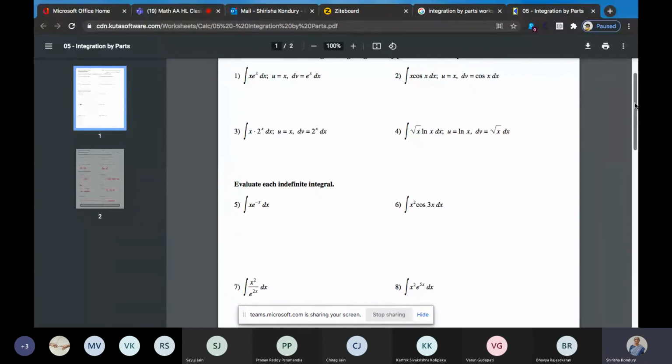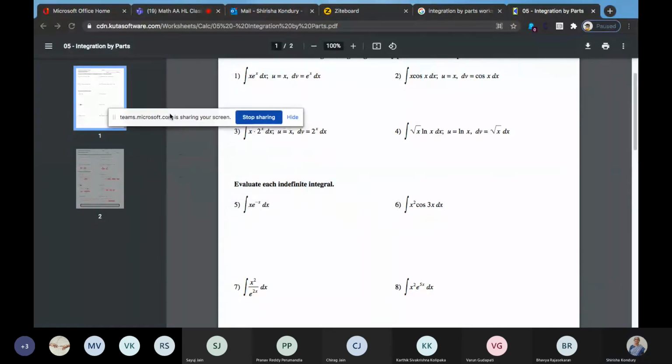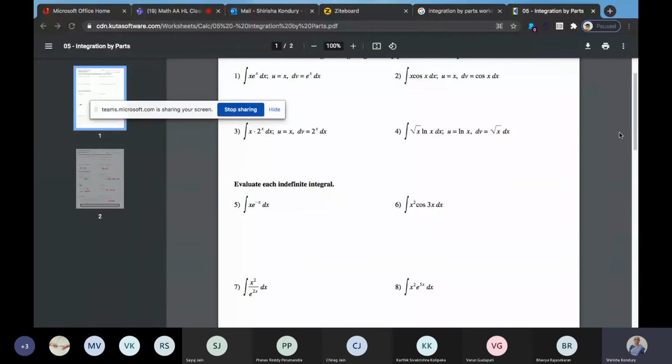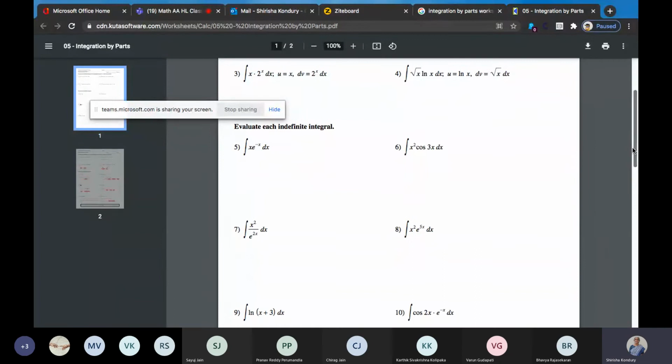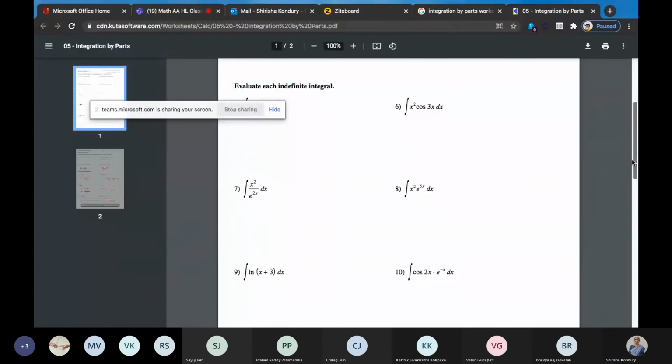And they have already told you what is u and what is v dash. Instead of v dash, they have called it dv, derivative, but doesn't matter. Try with the fourth question and see if you are able to do it. There are only about 8 questions here. We can just try that so that we know the method and then we end the class. And those who want to look at other examples, please go and do it.